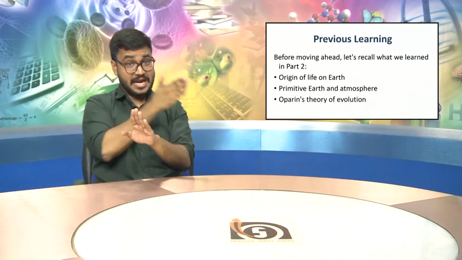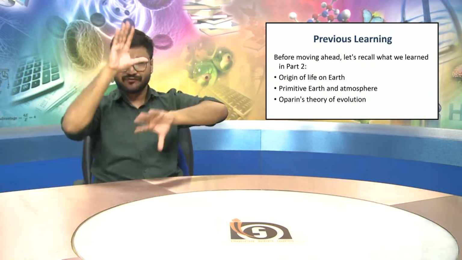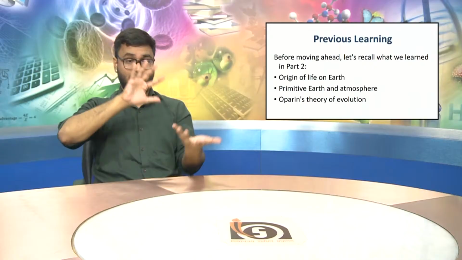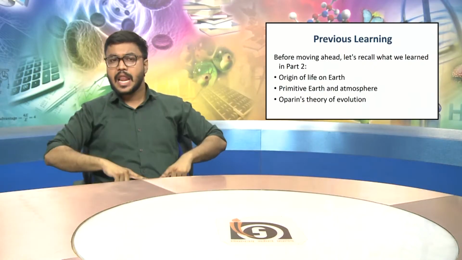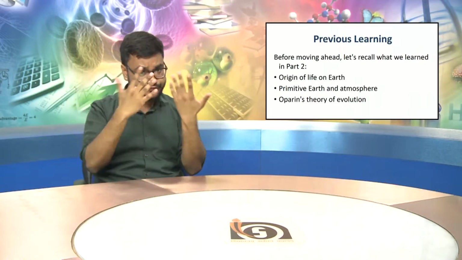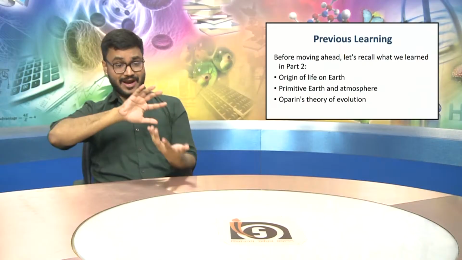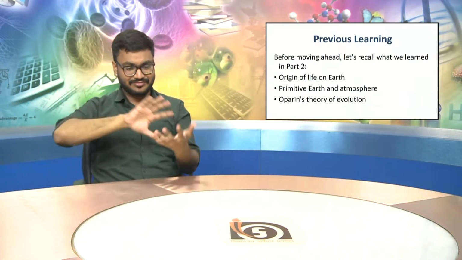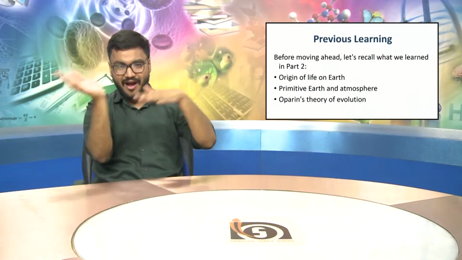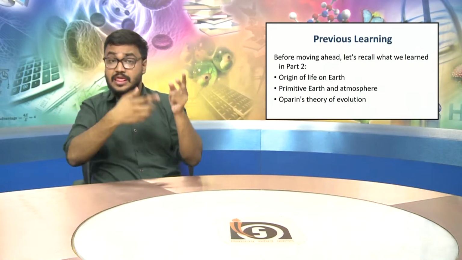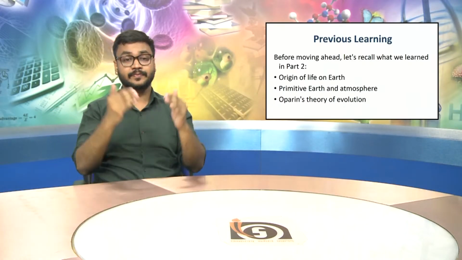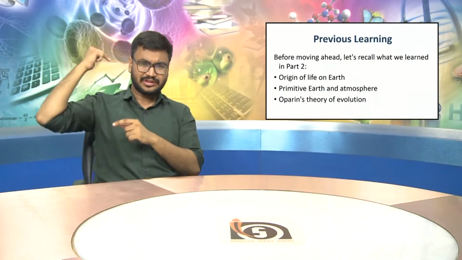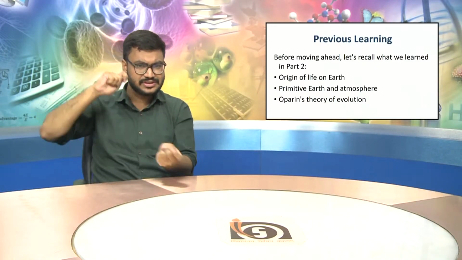In the previous part, what we have learned, let's recall. First, we had learned the origin of life on Earth, and also the primitive Earth and atmosphere, and the Oparin's theory of evolution.